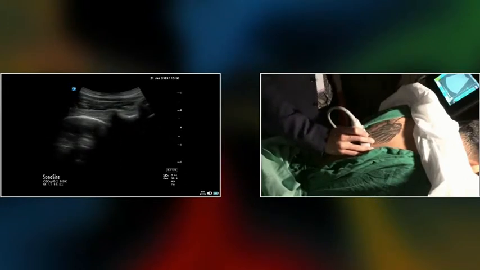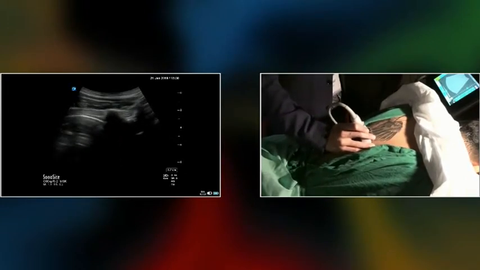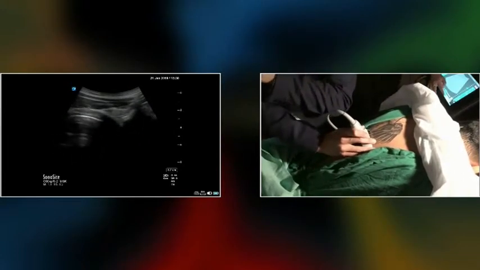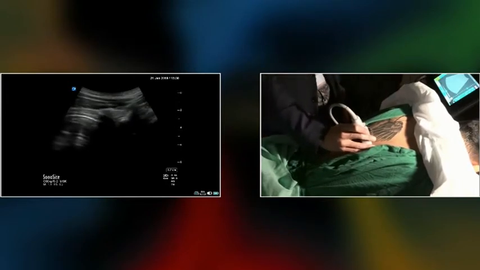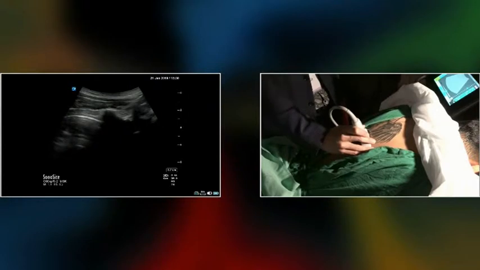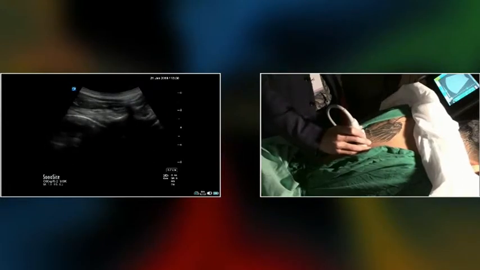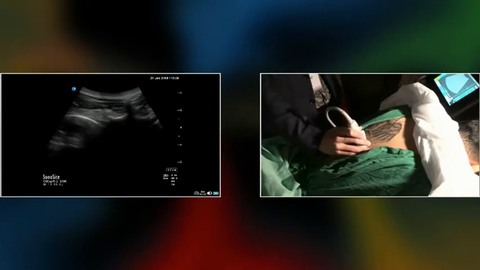Here you can do the thoracic paravertebral space block. Just a little bit over the transverse process, but don't advance too much. My personally preferred location is here.